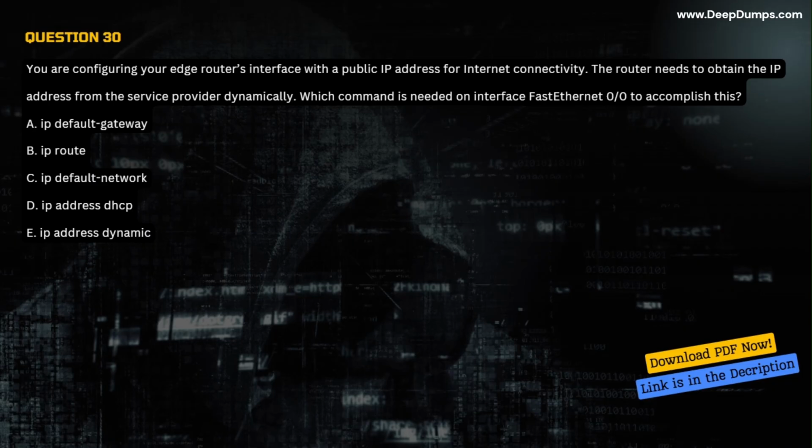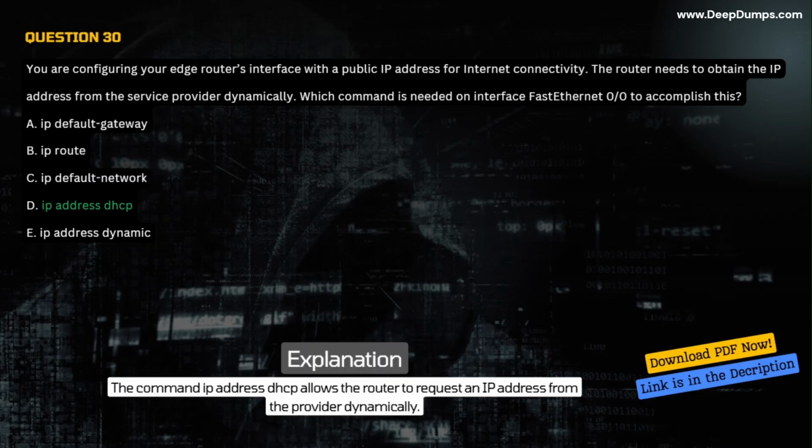C. ip default-network. D. ip address dhcp. E. ip address dynamic. Correct answer D. ip address dhcp. Explanation: the command ip address dhcp allows the router to request an IP address from the provider dynamically.